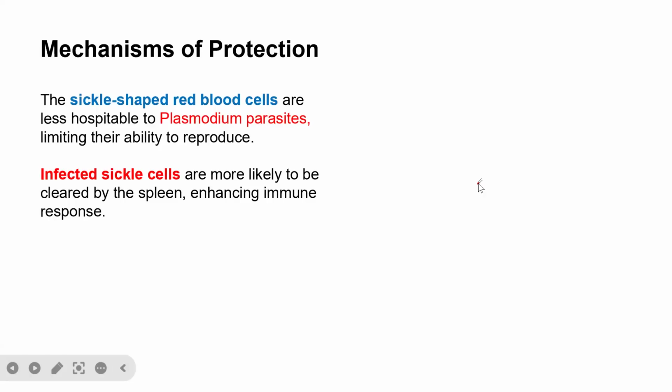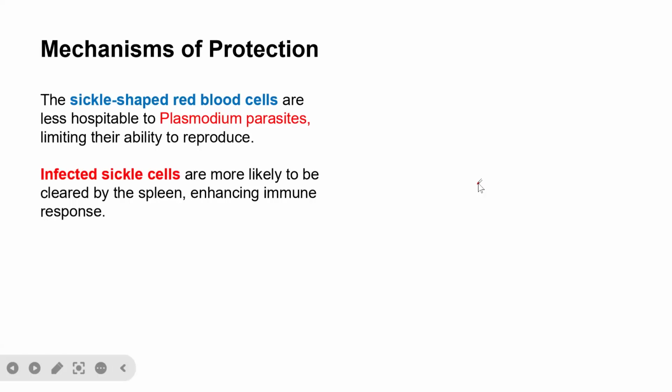The spleen is one of the organs of the immune system where all those infected sickle cells can easily be cleared from the body, so that you are only left with the sickle-shaped red blood cells without the parasite in them.